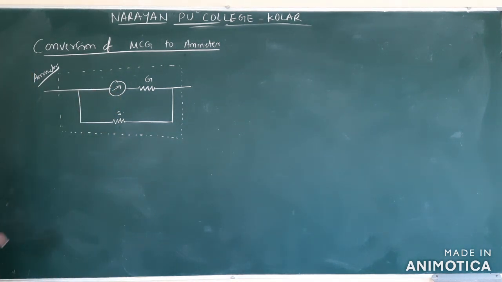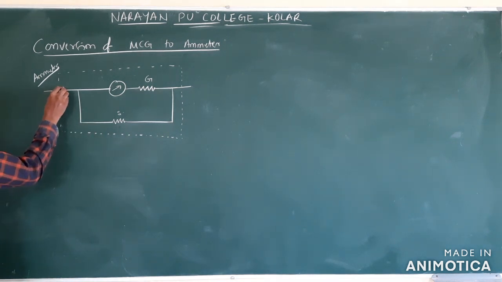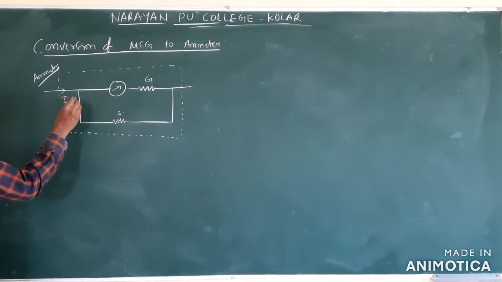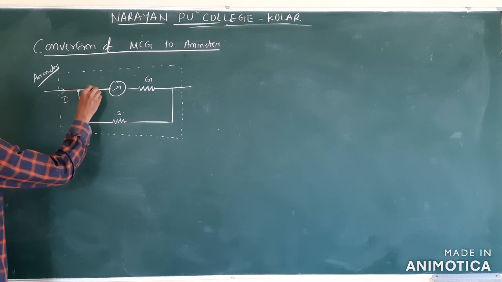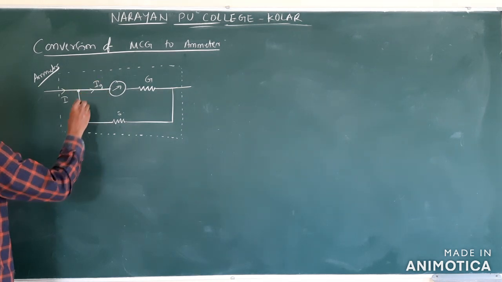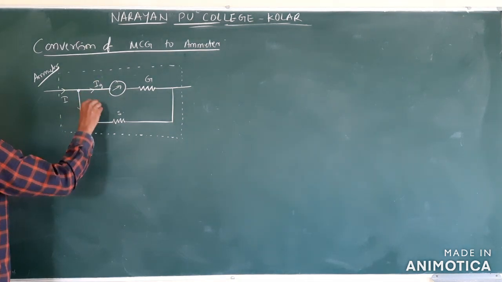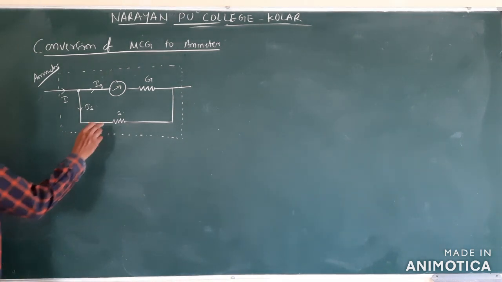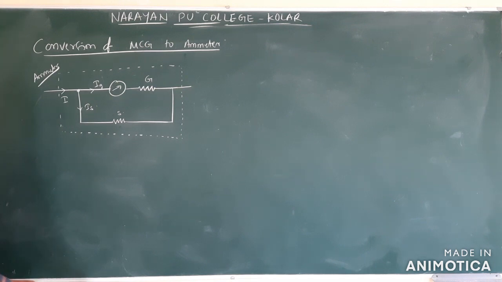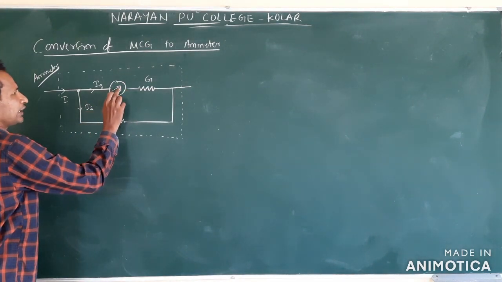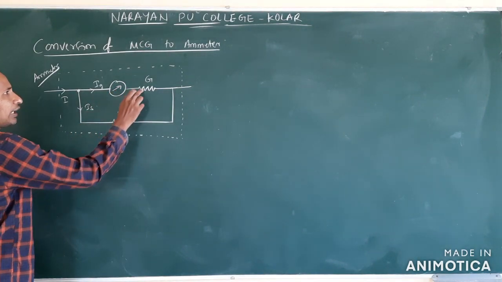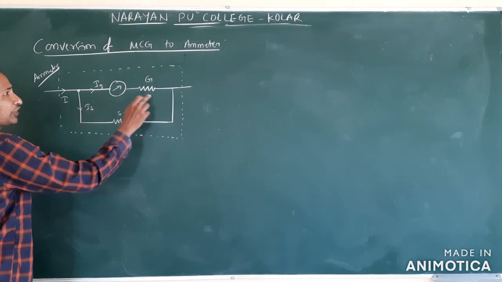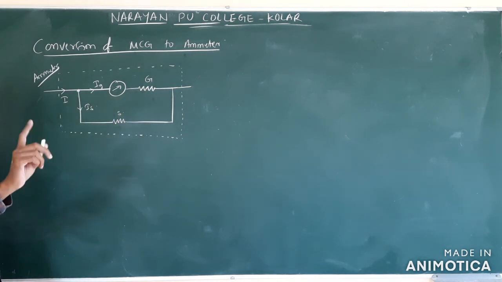Then how do we find this equation? Let us say a current I is passing. Here the current is splitting. This you take as IG and this you take as IS. Clear? Now we are interested to find S. G and S are in which combination? Parallel. In parallel combination, what is constant? Potential is constant.